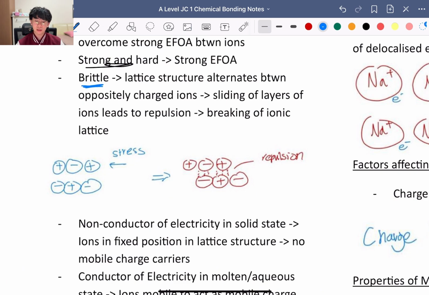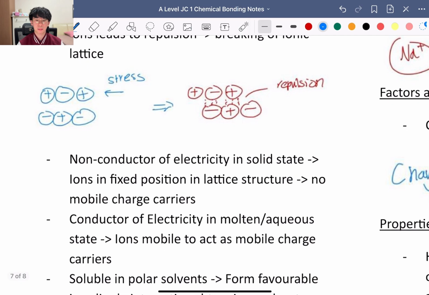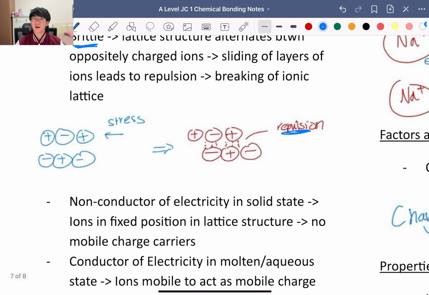Just think of it like looking at this diagram where you have oppositely charged ions in this little structure, and when you put stress on it and manage to shift all the ions by 1 row, very simplified example over here, you have these repulsions, and because of that, the whole structure would just break apart, right? So these repulsions would cause it to break apart. So ionic compounds tend to be very brittle.